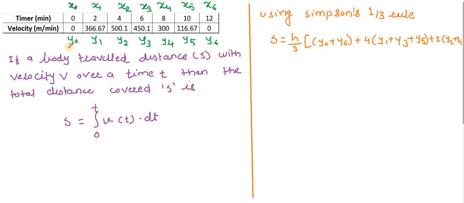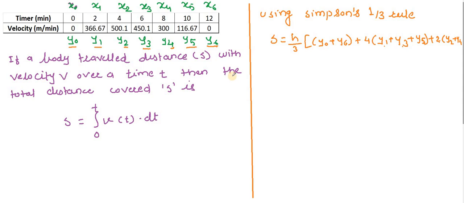First we need to take y0 and y6, that is the first and the last term, y0 plus y6, plus 4 times the odd terms y1, y3 and y5, plus 2 times the even terms y2 and y4. Don't take y6 again because we have already taken y6 in the first term, y0 plus y6. That is the simple Simpson's one-third rule.